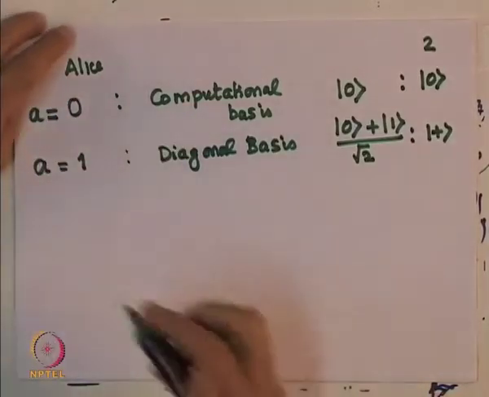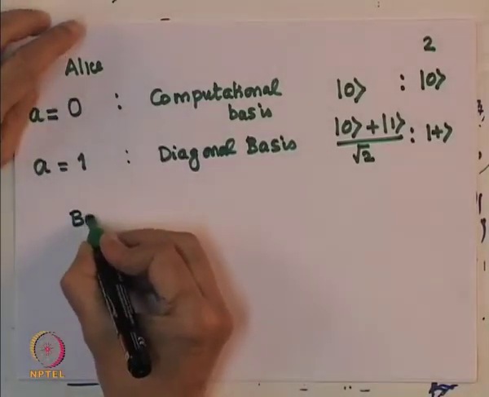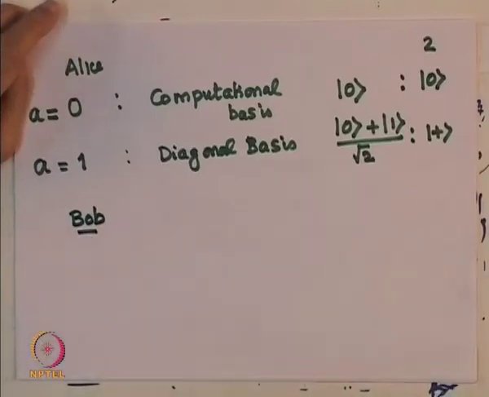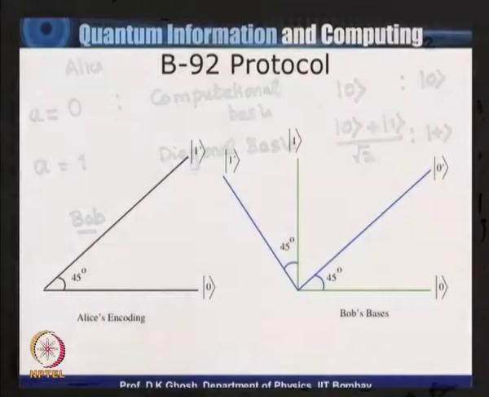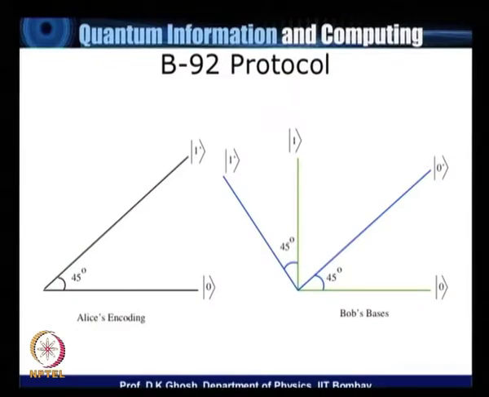Now what Bob has is the following. This is shown in this picture. If you look at the slide, the left hand side picture shows the encoding that Alice does. Now Bob has a set of 4 bases, which we have written down: 0, 1, 0 prime and 1 prime. Now look at these a little carefully.